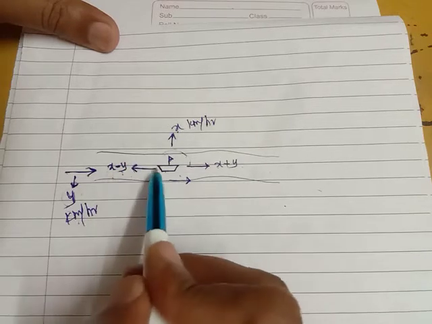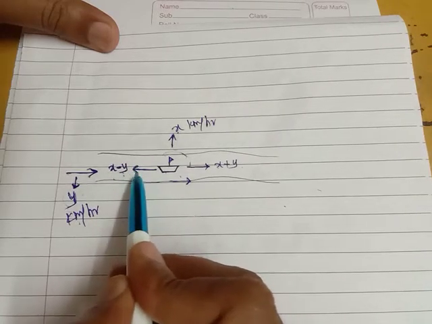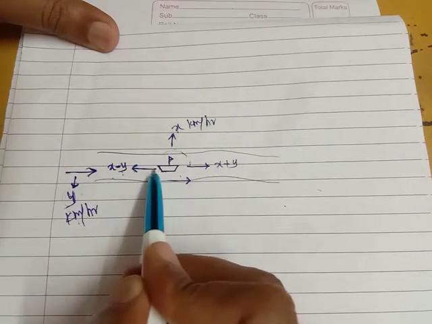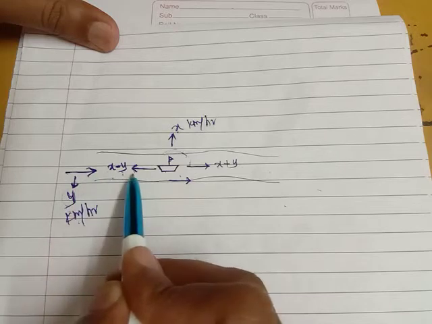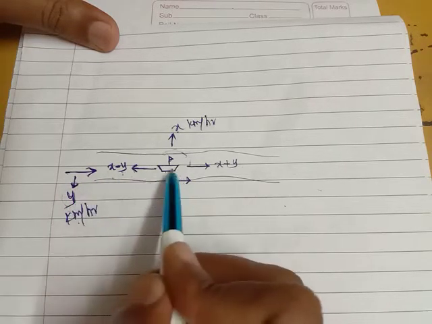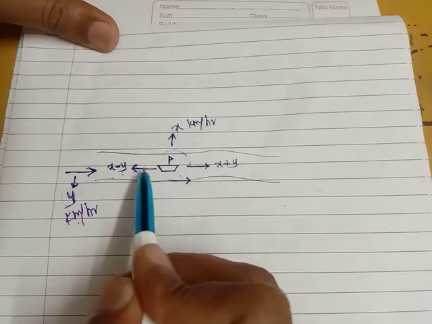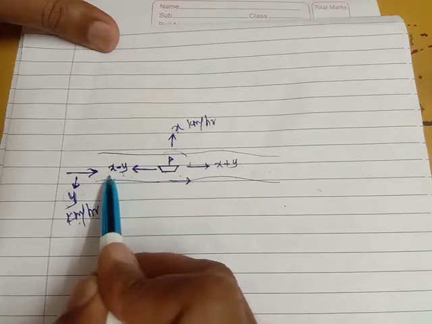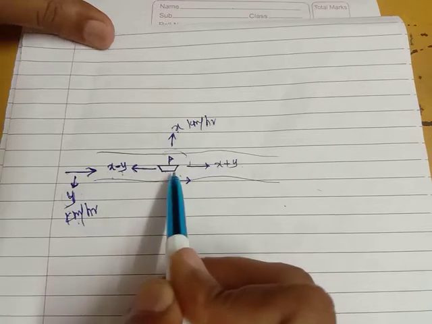Vice versa, when this boat travels upstream, meaning in the direction opposite to the water current, the speed of the current opposes the speed of the boat and the speed of the boat will be x minus y kilometers per hour.